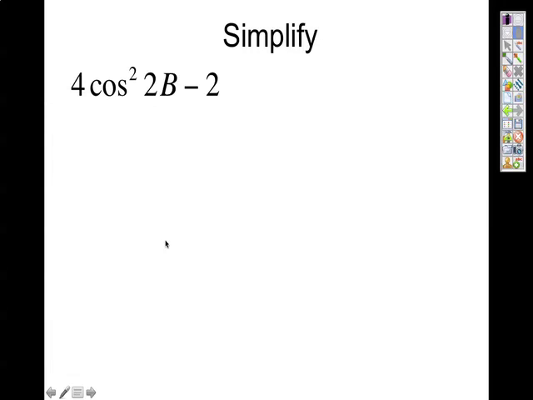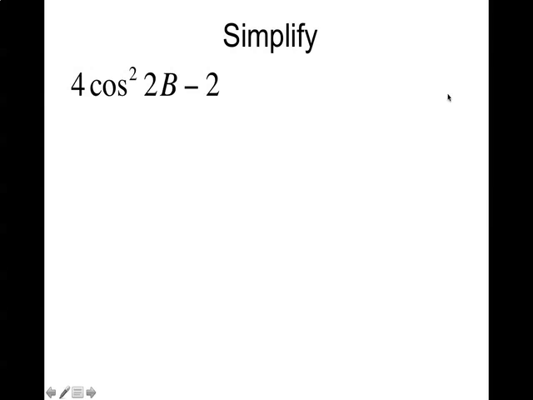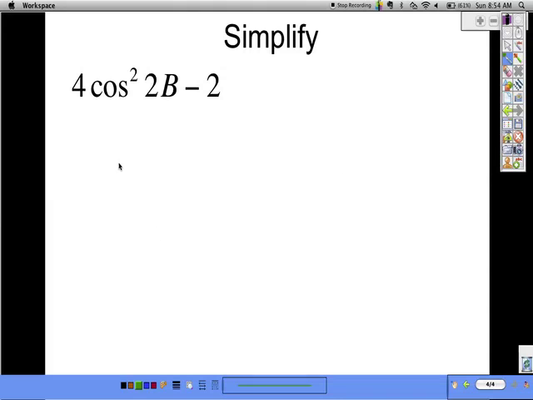This last problem asks us to simplify. Again, we don't really know what we're supposed to be getting. We're just trying to make this as simple as we can. And first thing I notice right off the bat is that both of these terms have a 2 in them.